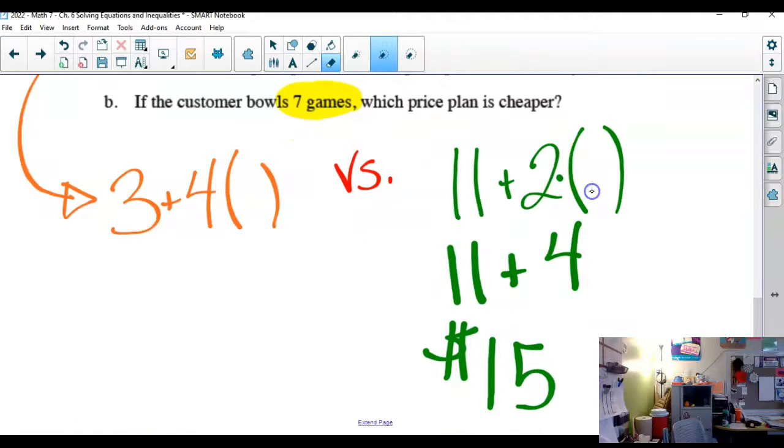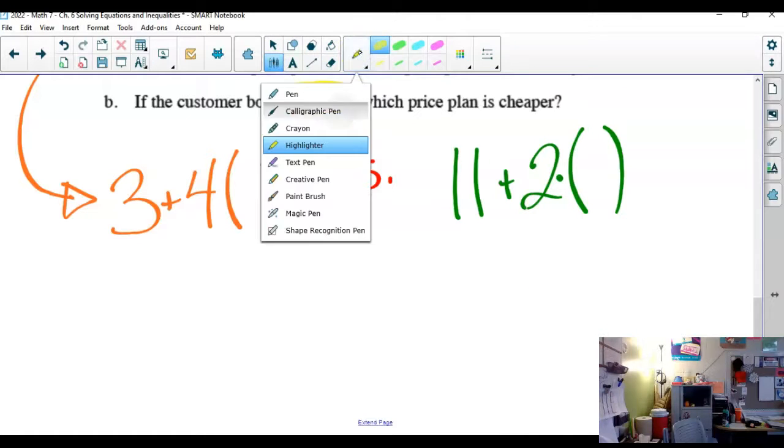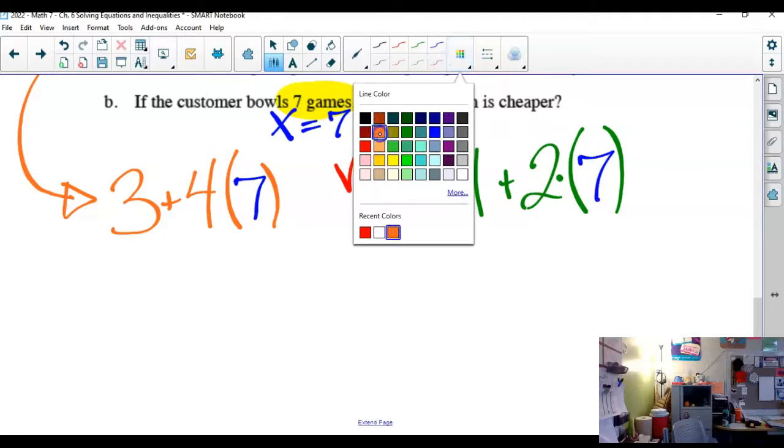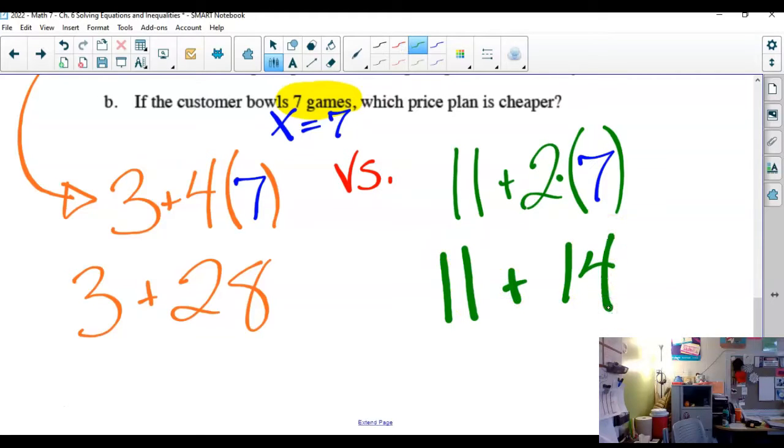You don't have to erase because you've got space on your paper. Ooh, 7 games got expensive over there.